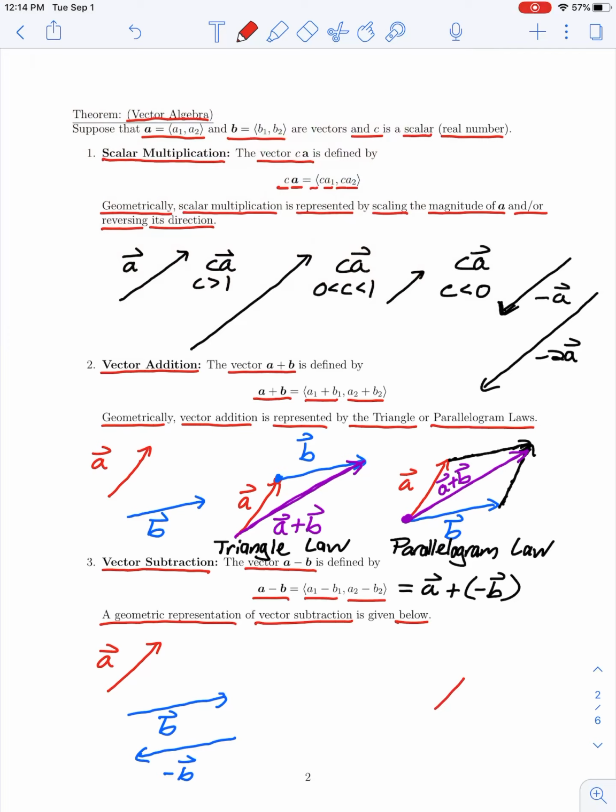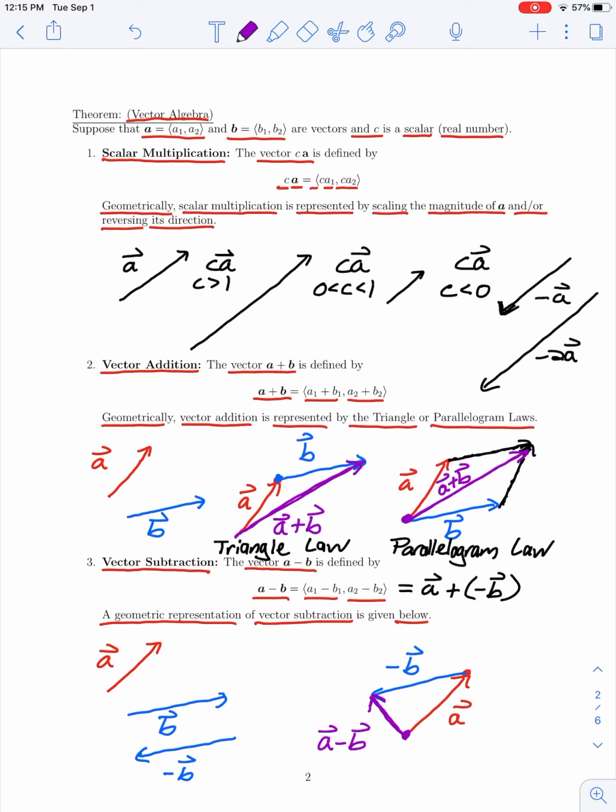I would take the representation of A, and at the terminal point of that representation, I'm going to draw the representation of negative B. Then the sum of those, A plus negative B, would be the vector that completes that triangle. So it moves from the initial point of the first vector to the terminal point of the second. So I would have A plus negative B, which is what we define as A minus B.